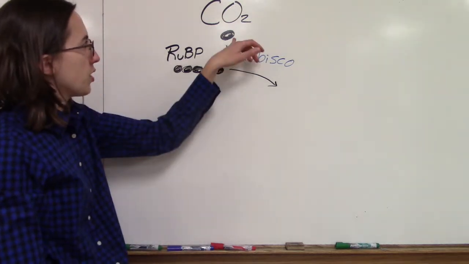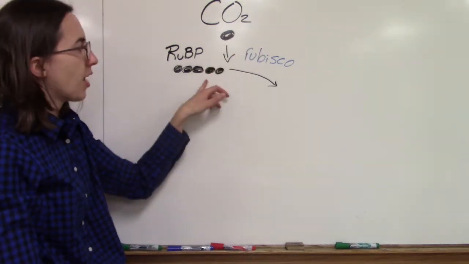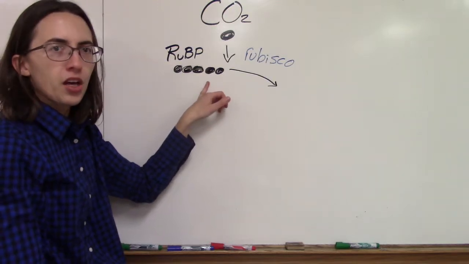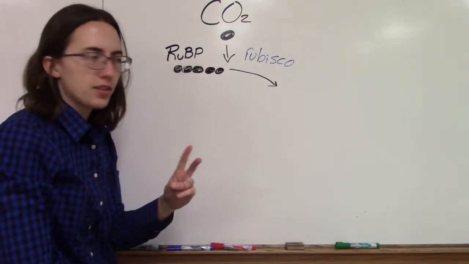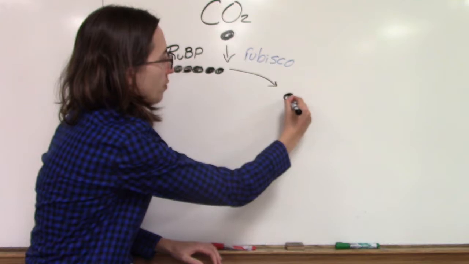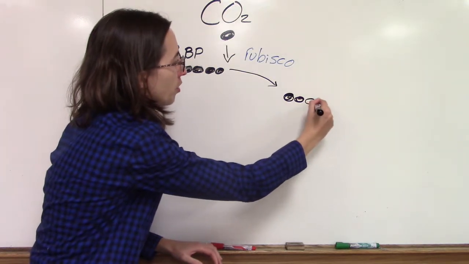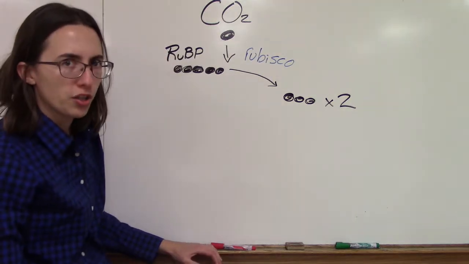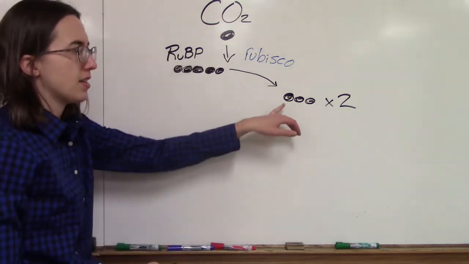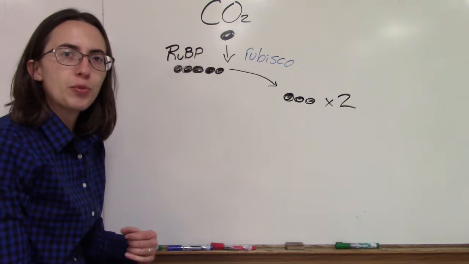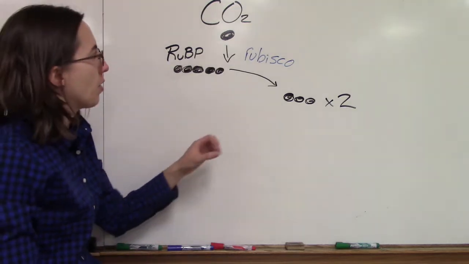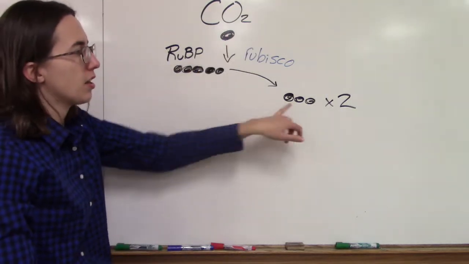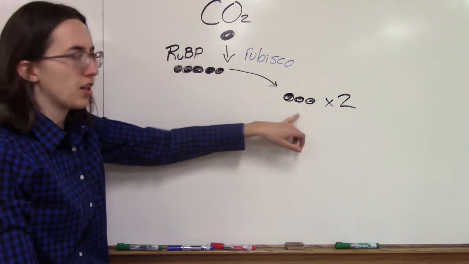And rubisco joins together 1 carbon here and 5 carbons here to make 2 3-carbon things. That's actually what rubisco winds up making, is 2 3-carbon sugars. I'm not going to give these guys a name because they get transformed pretty quickly. Okay, so we've got a total of 6 carbons here and a total of 6 carbons here.